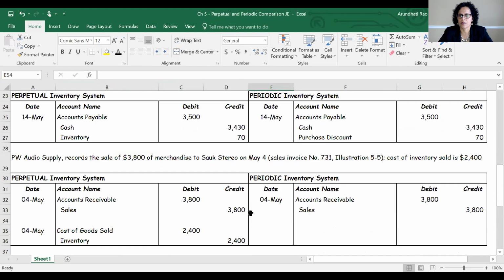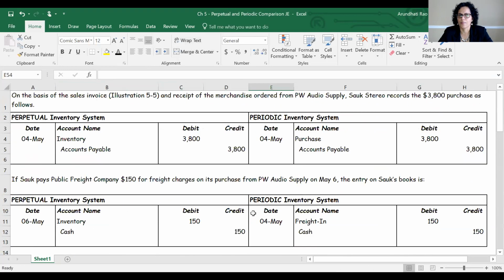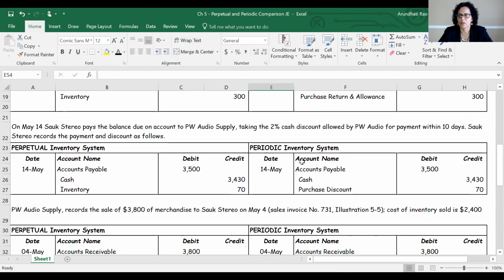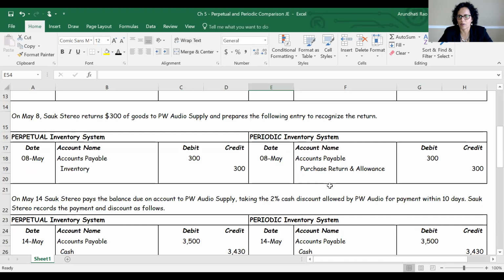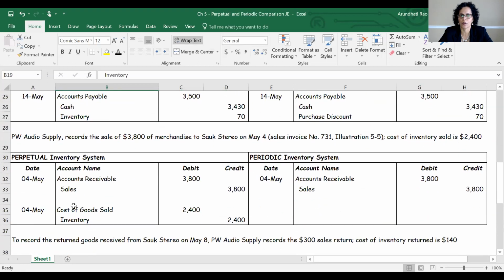Okay, so what we need to note over here is there are fewer entries as you're recording your transactions in the periodic system. We use different account names. In the perpetual, everything is run through the inventory account, and you introduce cost of goods sold account anytime you sell inventory, you return inventory, all of those things you're going to have adjustments.